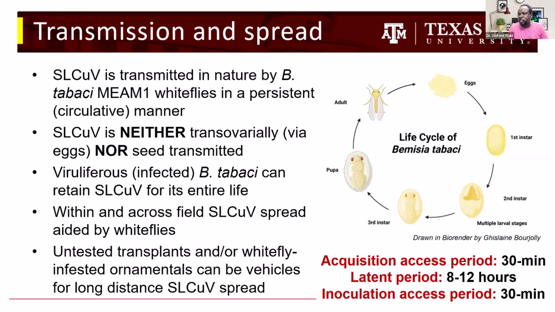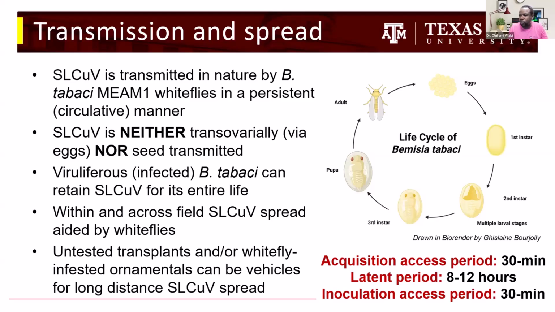Within and across field spread, of course, it's aided by whiteflies, and we have to keep in mind that when those whiteflies are aided by wind or even things like hurricane currents, they can actually move across geographical boundaries very far. And like you've heard before, untested transplants, especially as people use transplants, are things that could also be vehicles for long distance spread, especially when those transplants are not yet showing symptoms of infection.